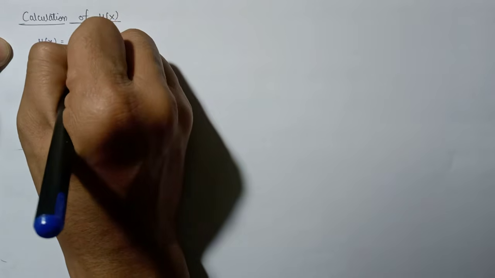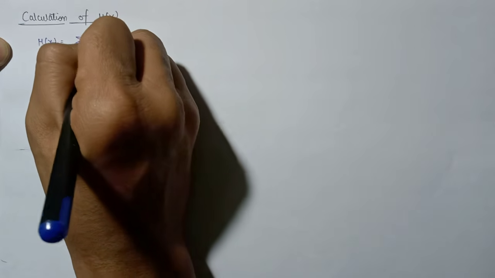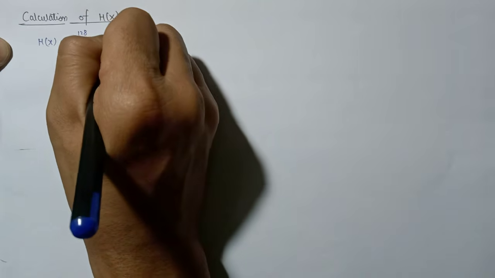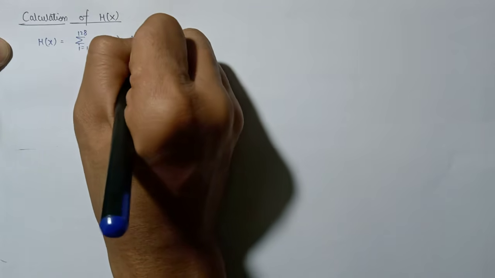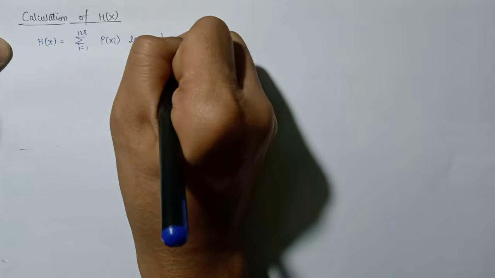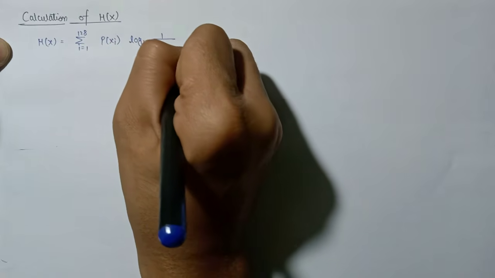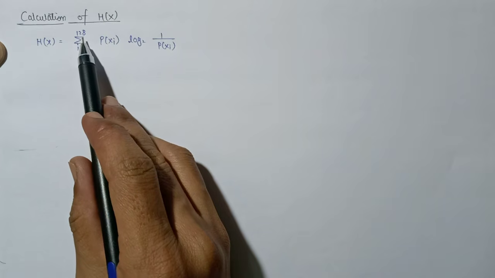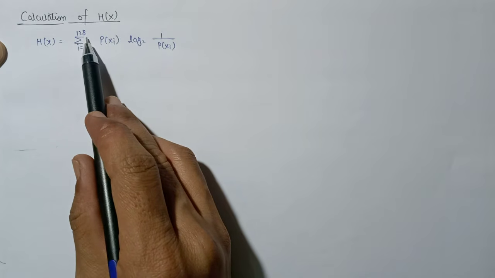Now let's calculate the value of h of x. We know that the formula for the calculation of h of x is summation i equals 1 to 128 of p of xi log base 2 1 over p of xi. Here there are 128 symbols, that's why we have written n equals 128.